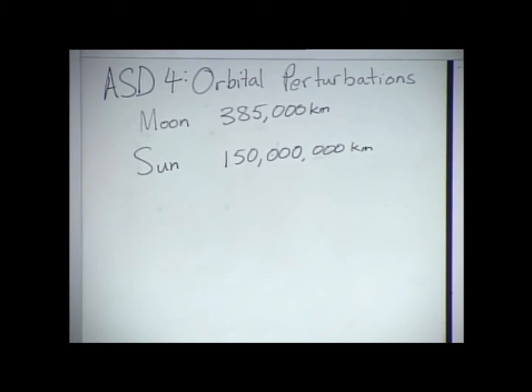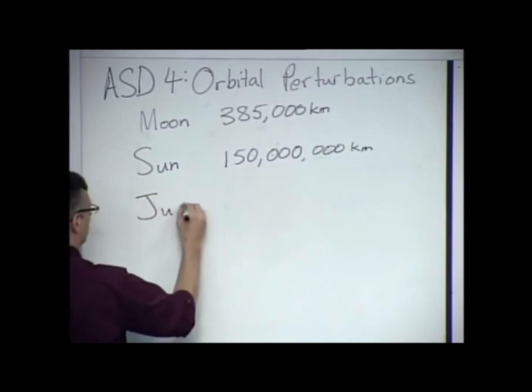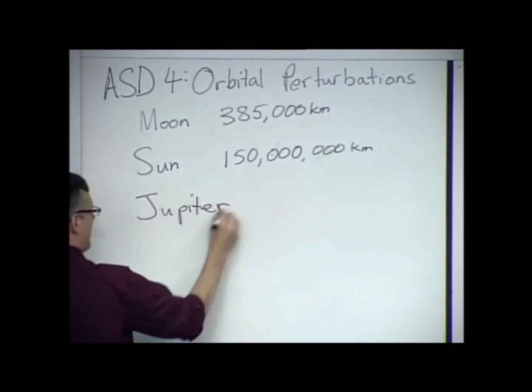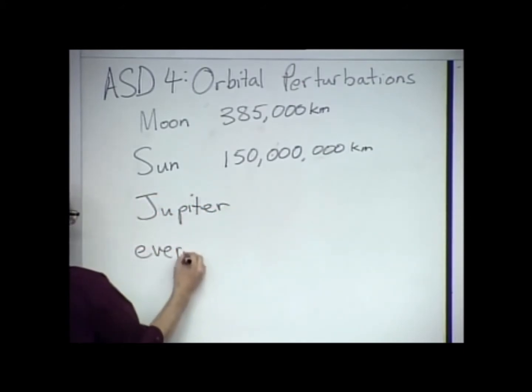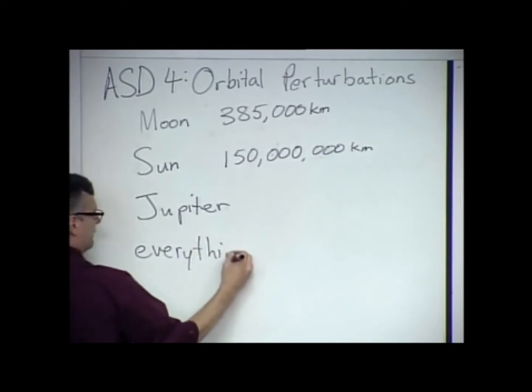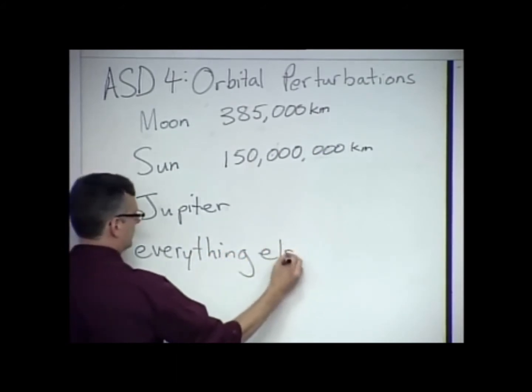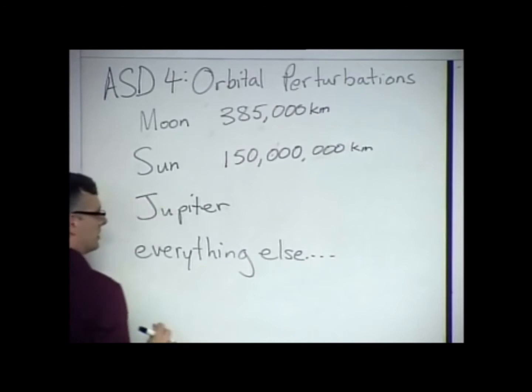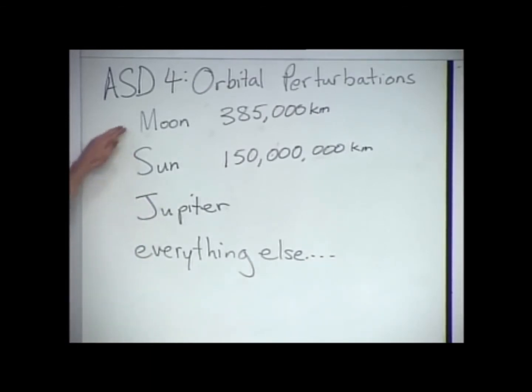It's tiny. What's the next biggest thing in the solar system? Jupiter. And then everything else is kind of in the noise, usually inconsequential enough that you can ignore it. These are the three big ones in this order for Earth-based satellites.